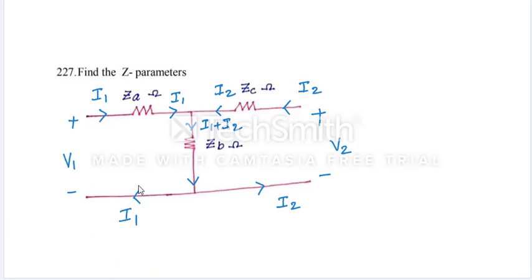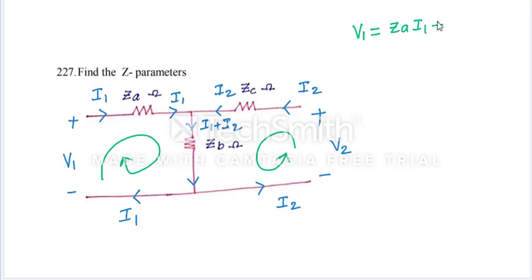So from this I can apply KVL in this loop, and KVL in this loop. Tell me, KVL in this first loop, what can we say here? V1 equal to ZA into I1 plus ZB into (I1 plus I2).